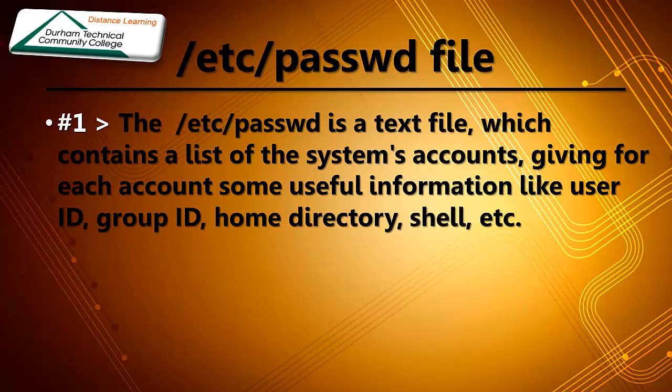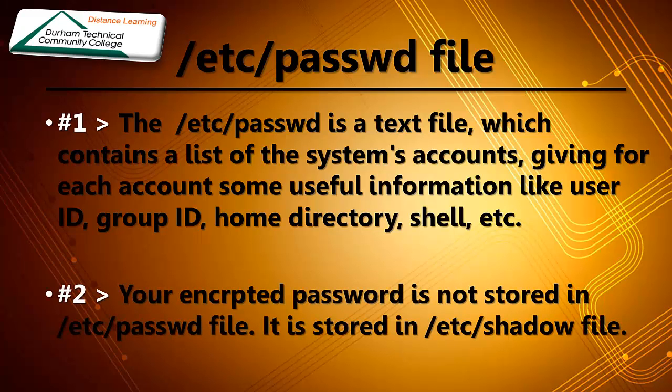It has useful information like user ID, group ID, home directory, and a lot more. Note that the user's encrypted password is not stored in this passwd file. It is stored in the /etc/shadow file.